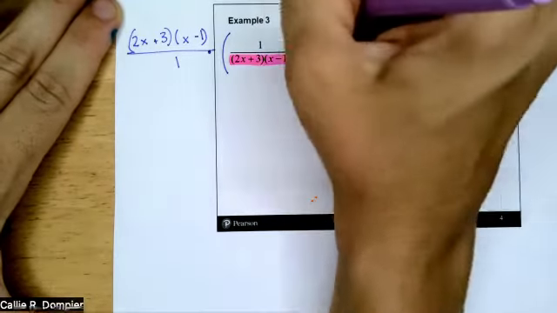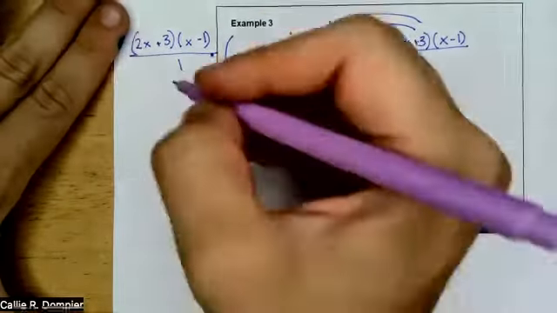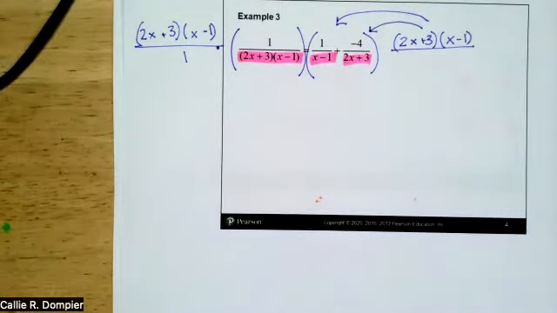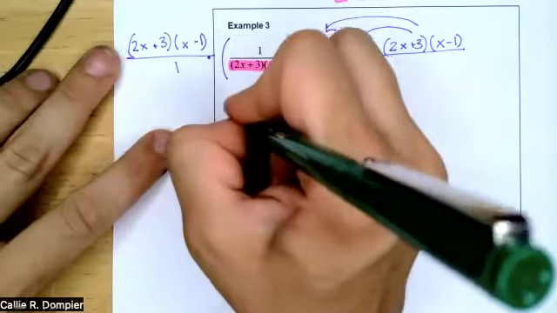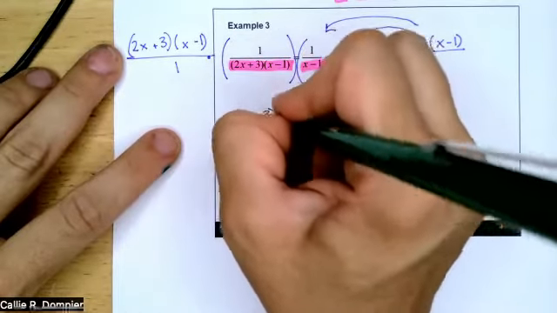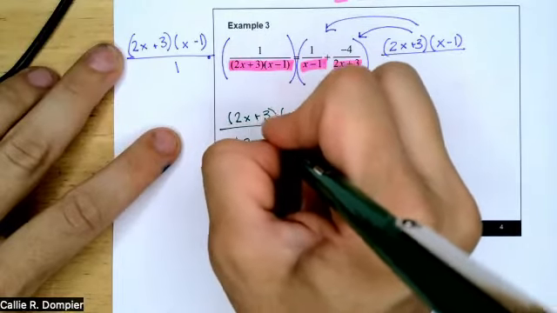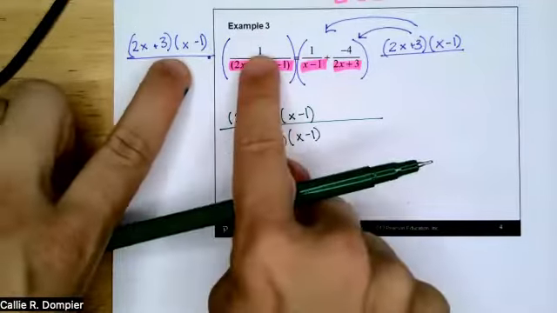And remember, I'm distributing that here and here, okay? So if I cross multiply, let's write it out. So here on top, I have 2x plus 3 times x minus 1 over 2x plus 3 times x minus 1, because I was multiplying that by that number 1, right?